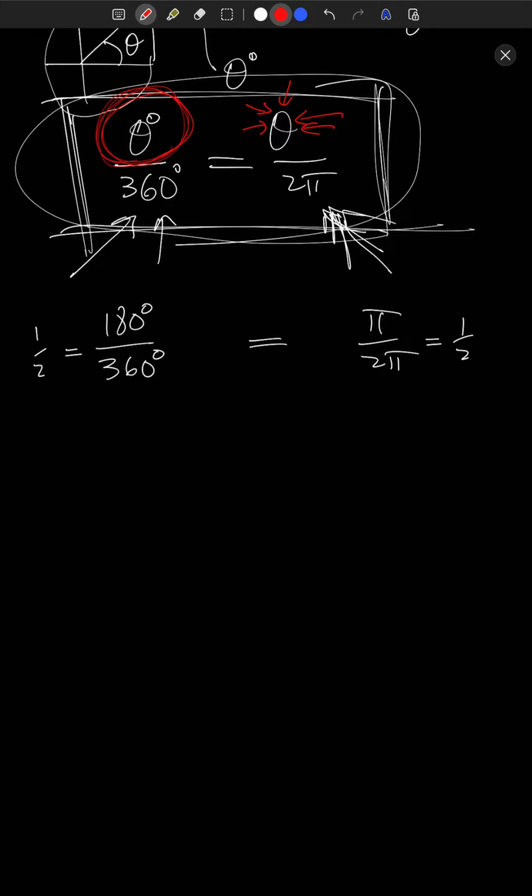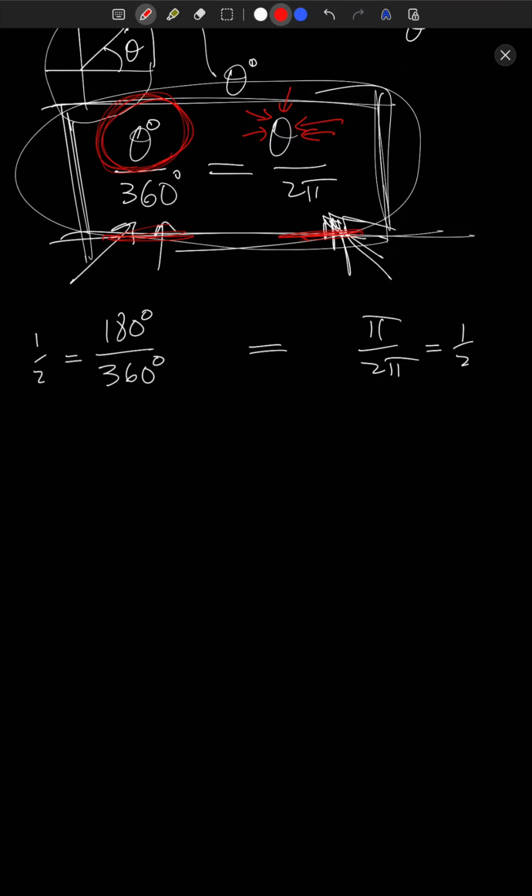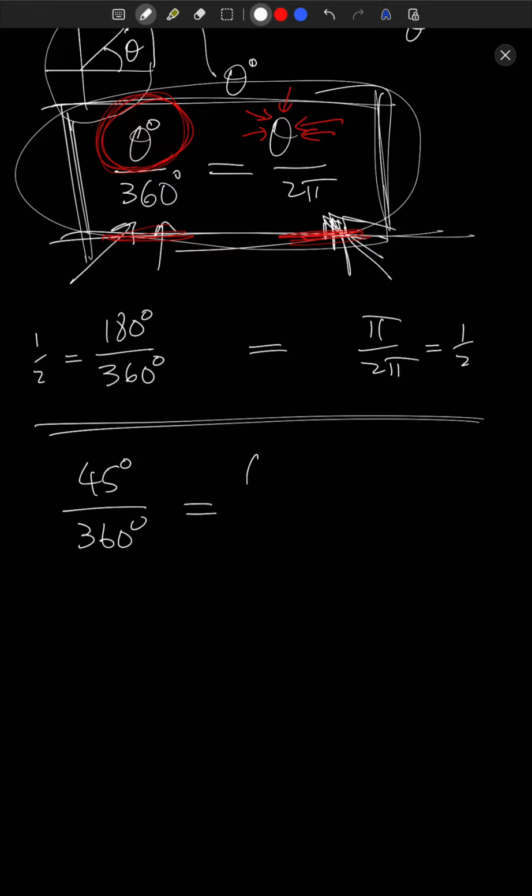So we can relatively easily move between radians and degrees just using this ratio understanding of degrees and radians. Okay, so in practice, for example, like I said, 45 degrees over 360 degrees has to be equal to the radian measure of 45 degrees over 2 pi, right? So what is this?